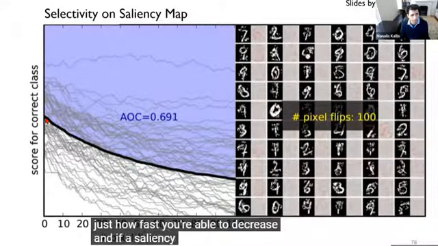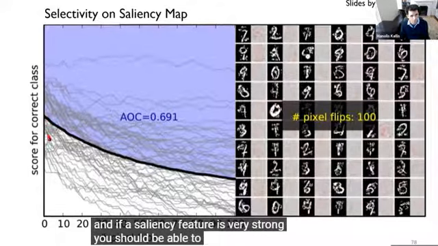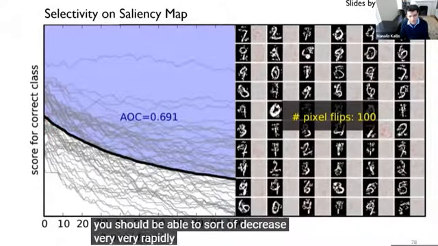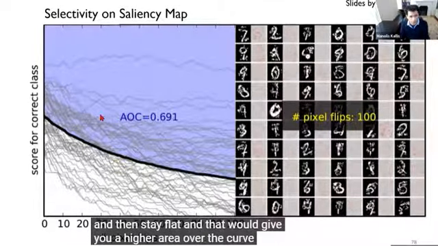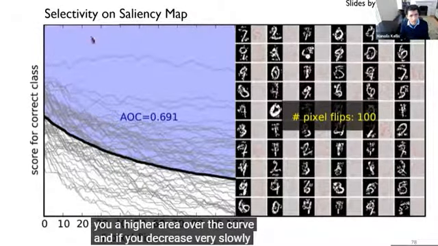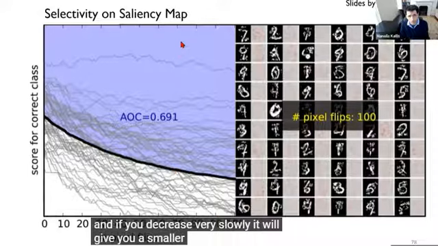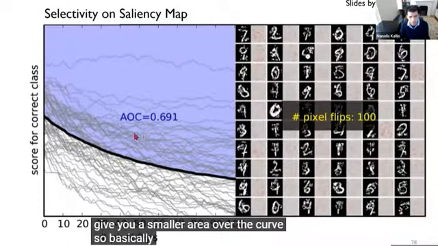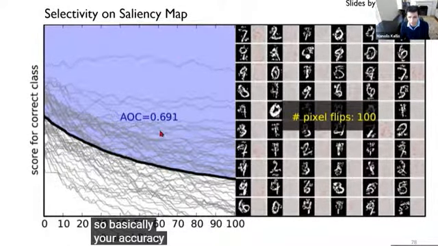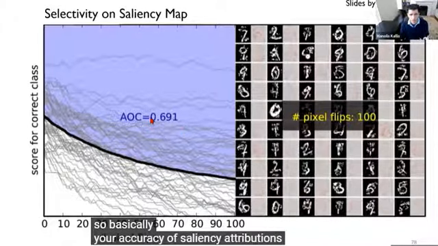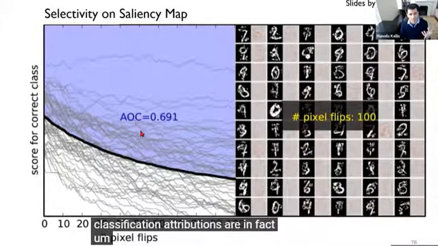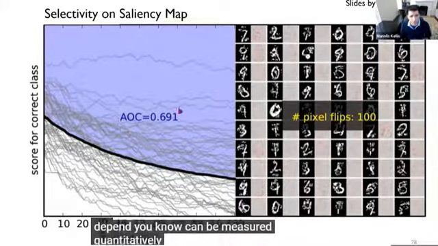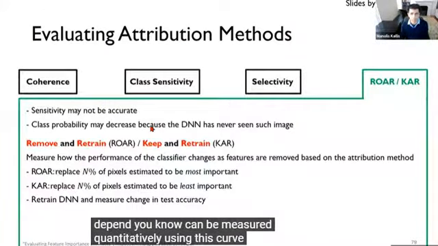And if the saliency feature is very strong, you should be able to decrease very, very rapidly and then stay flat. And that would give you a higher area over the curve. And if you decrease very slowly, it will give you a smaller area over the curve. So basically your accuracy of saliency attributions and classification attributions can in fact be measured quantitatively using this curve.